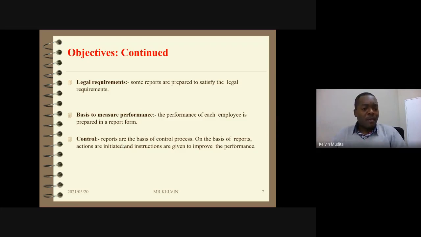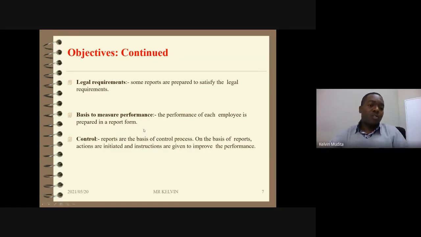We have income statements for tax purposes. SARS tax returns are also part of reports. Those are needed each and every year by the South African Revenue Service. So that is reporting for legal requirements. We report for the sake that the government needs that information.